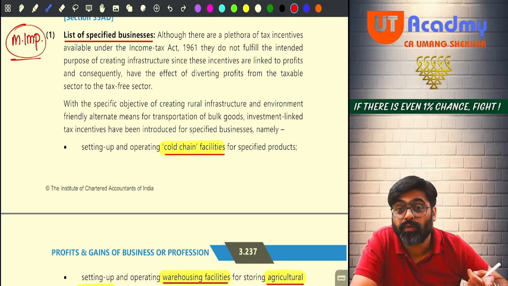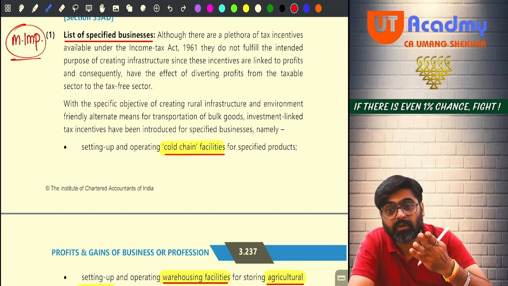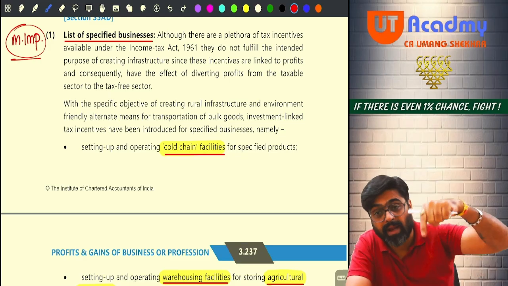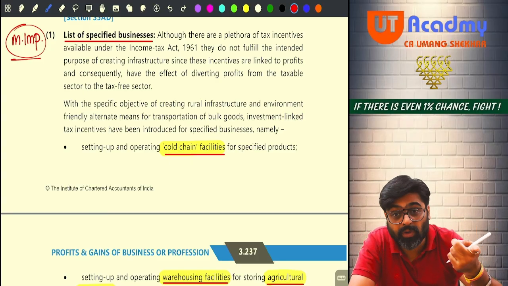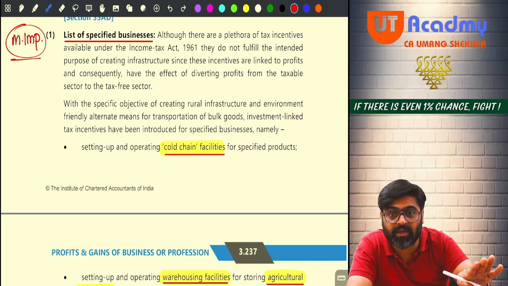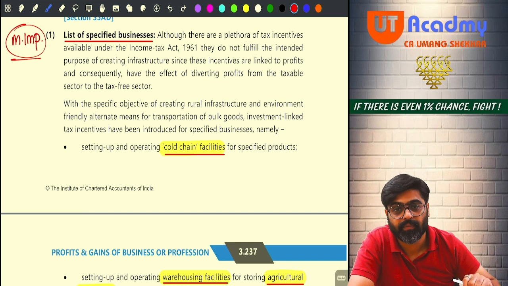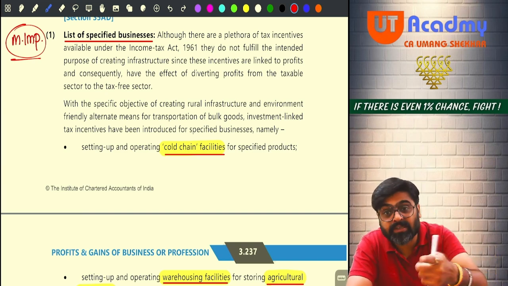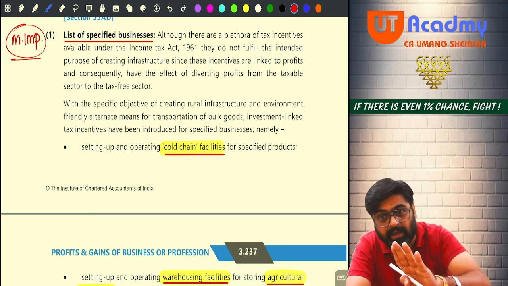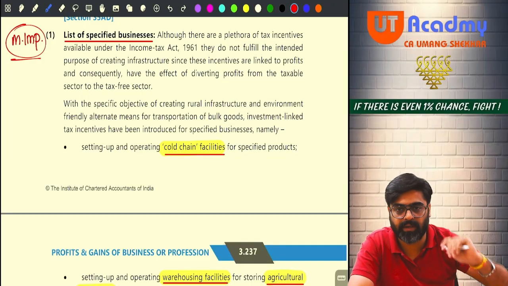What if the operations of these businesses were already commenced prior to the specified date? Then the 35AD benefit will not be available. Though the businesses are specified under section 35AD, the benefit will be available only if the operations of the business start on or after the specified date.